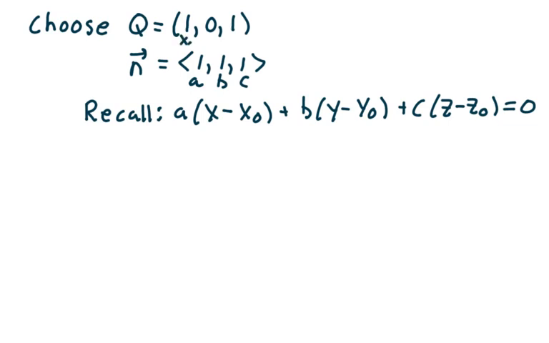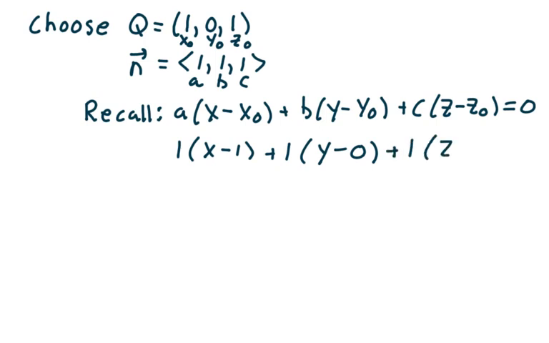And then we have x0, y0, z0. So in other words, x0 is 1, y0 is 0, z0 is 1. And so I get 1 times (x - 1) plus 1 times (y - 0). So remember, you guys, it's all substitution. Plus 1 times (z - 1) equals 0.